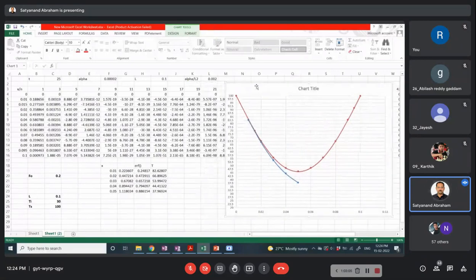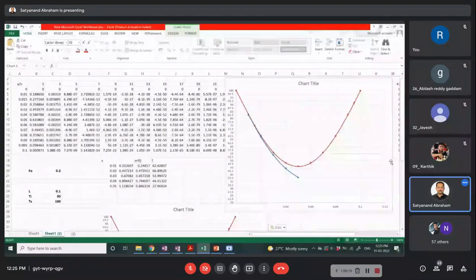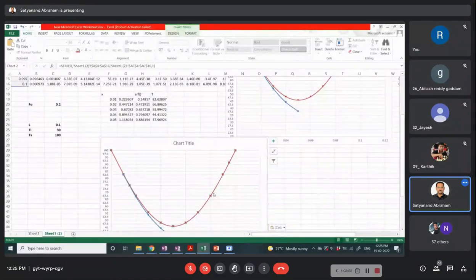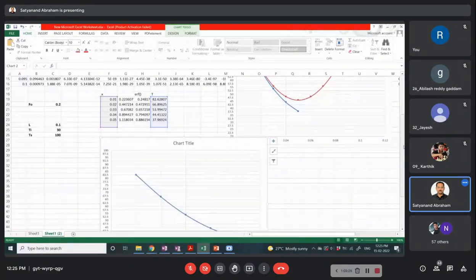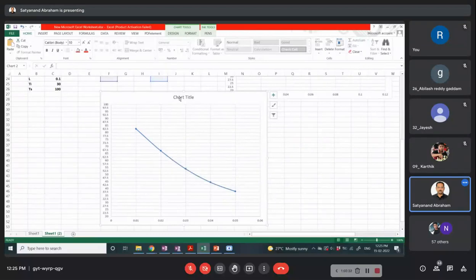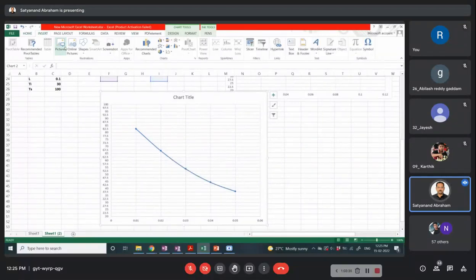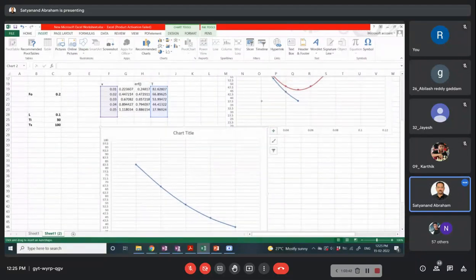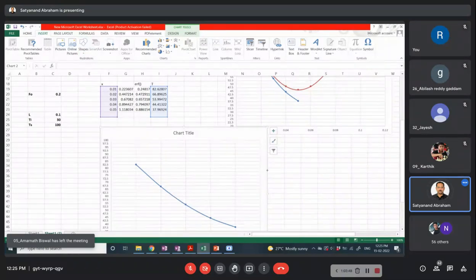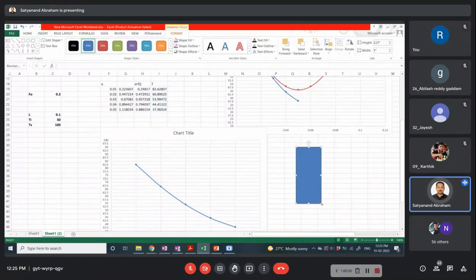Let me plot it clearly. So this graph is for a slab like this.